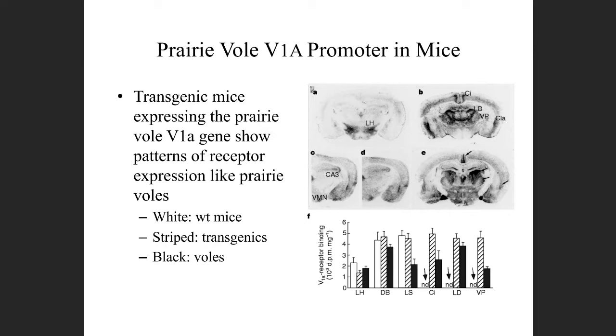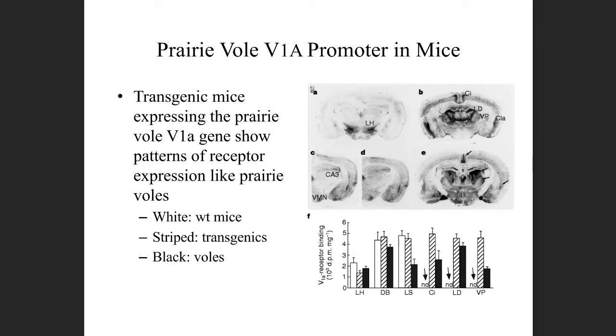So what you have here are wild type mice, prairie voles, and wild type mice that are transgenic with the prairie vole V1A vasopressin promoter in them, and they end up showing vole-like expression of vasopressin receptors in the brain.